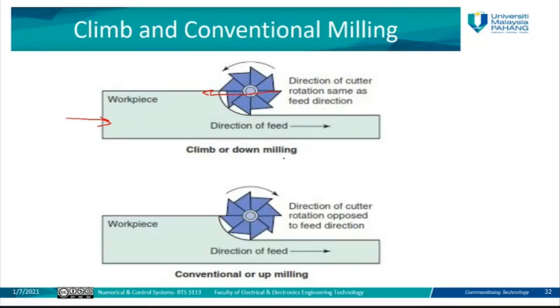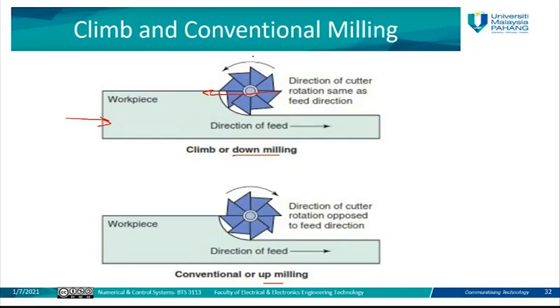So there are two types. There is down milling and there is up milling. It depends on the direction of the feed and the direction of the movement. This is the conventional one. We call it the conventional or up milling. That one is the climb or down milling operation.